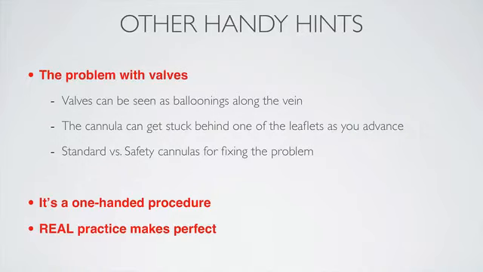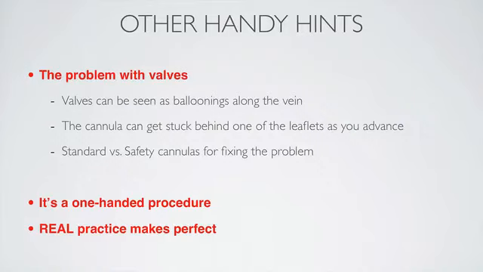I've only seen it successfully done by anaesthetists who do this every day. So if you do get a cannula stuck behind a valve, just tie it down, and for the sake of intravenous access, keep it there, and don't try and lose the access by perforating the vein.